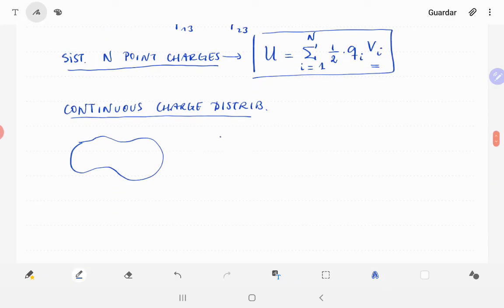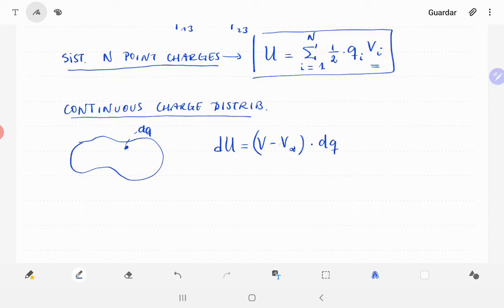So the idea would be the change in electrostatic potential energy due to bringing a point charge from infinity to this system. So this is dq. I bring it from infinity.